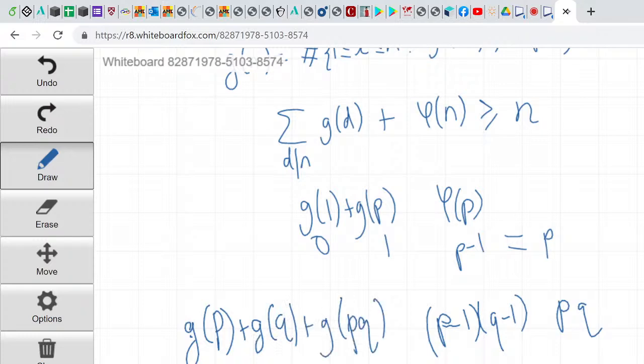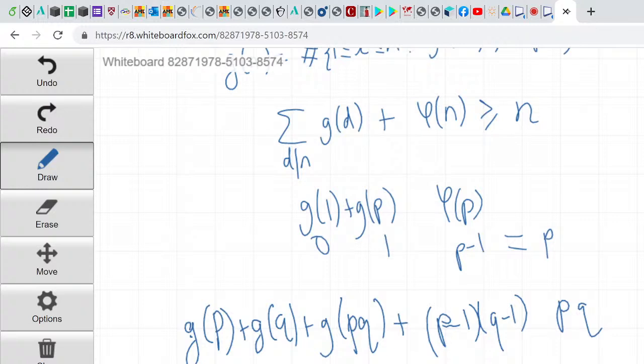I'm not going to write g of 1 anymore, so this won't count. What does this give you?